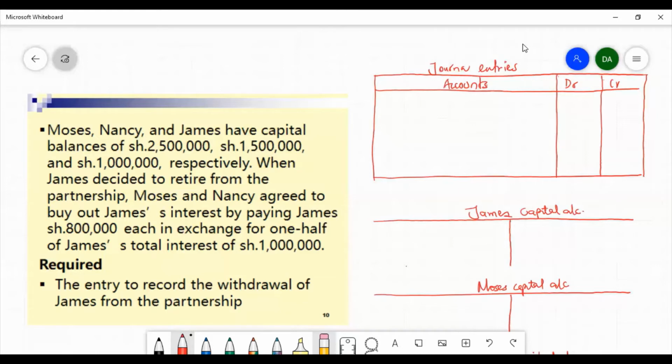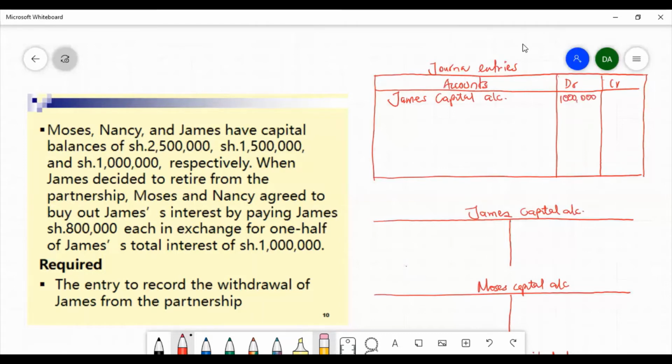Upon retirement of James, the capital account of James will be debited. Therefore, James' capital account is debited by 1 million shillings.